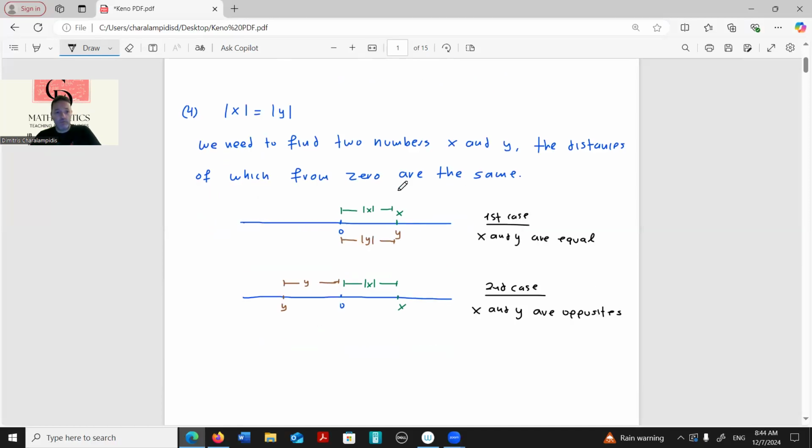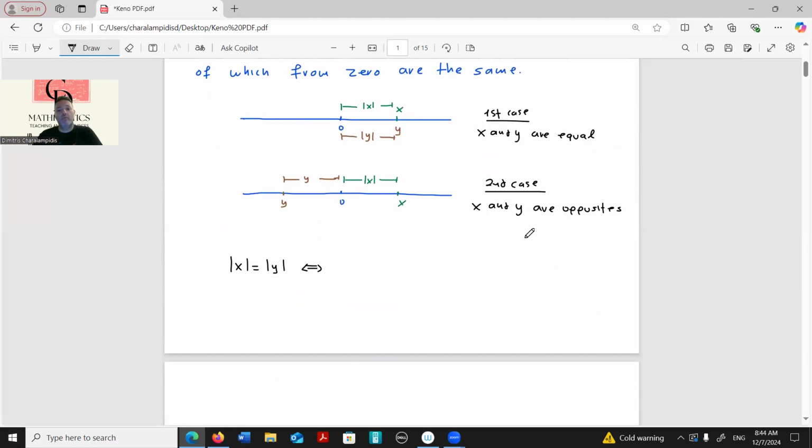In math symbols, all this inquiry that we just did can be expressed as follows. Absolute value of x equals absolute value of y if and only if, again, we get two different cases: these x and y expressions are equal, or these x and y expressions are opposites.